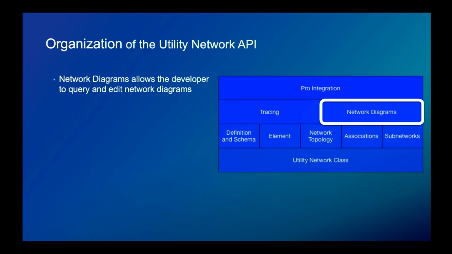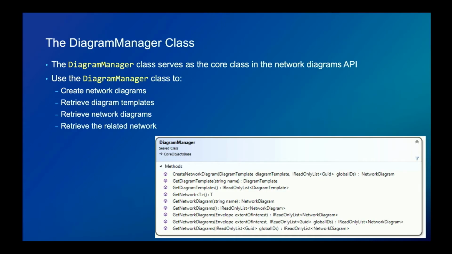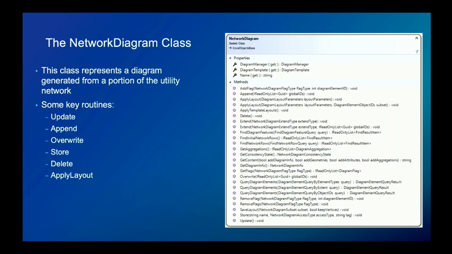Network diagrams allows the developer to query and edit network diagrams. Guess what? There's a diagram manager class, and you get that from the UtilityNetwork class. This allows you to create and open network diagrams and templates. Network diagram itself represents a diagram generated from a portion of the network. So lots of different routines here.